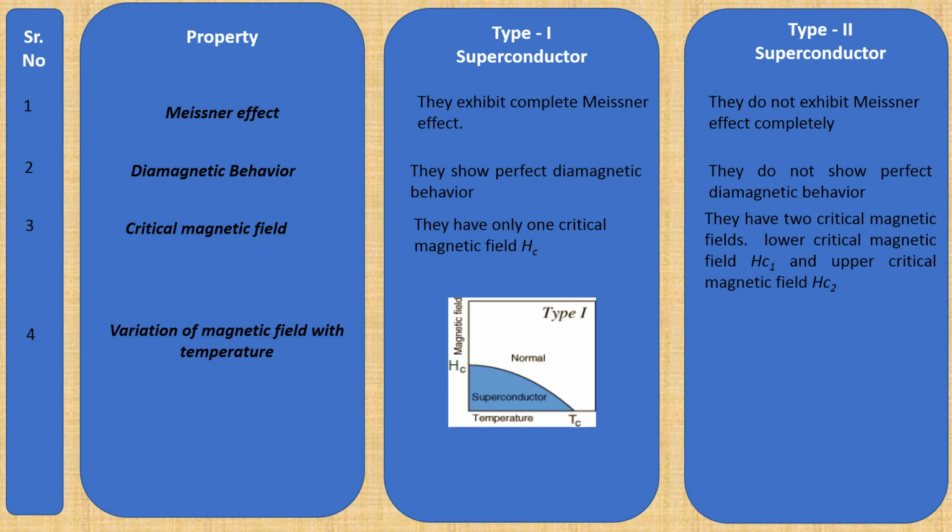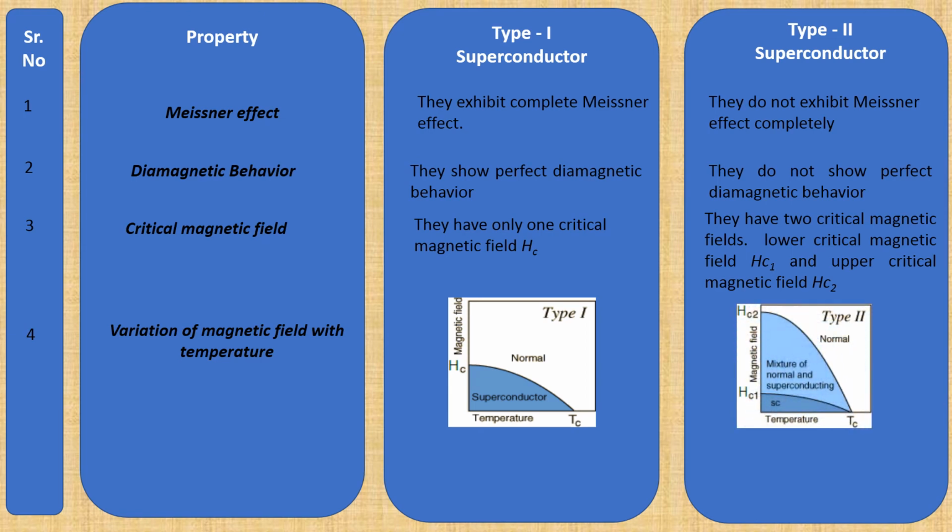Up to the critical temperature, and along the y direction up to the critical magnetic field, it shows the superconducting state, and when it is greater than that, the superconductor becomes a normal conductor. In type 1 there is only a single critical magnetic field, while a type 2 superconductor has two critical fields, the lower critical field Hc1 and the higher critical field Hc2.